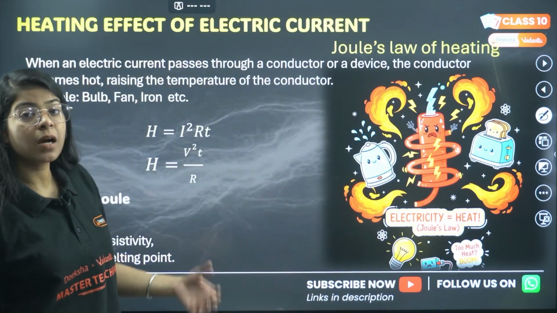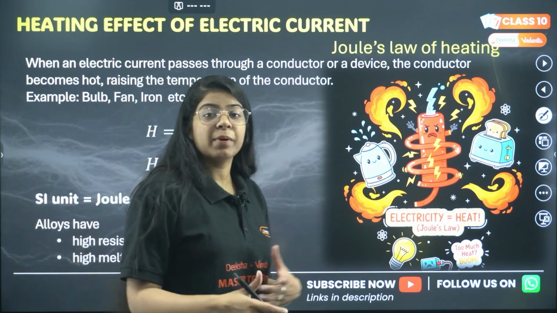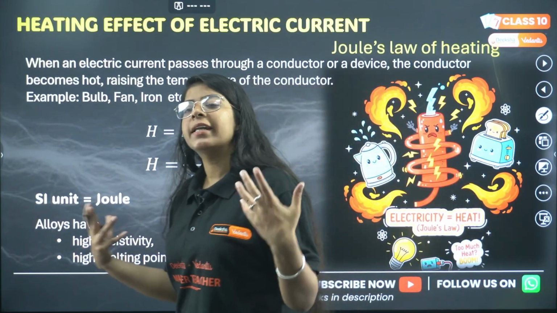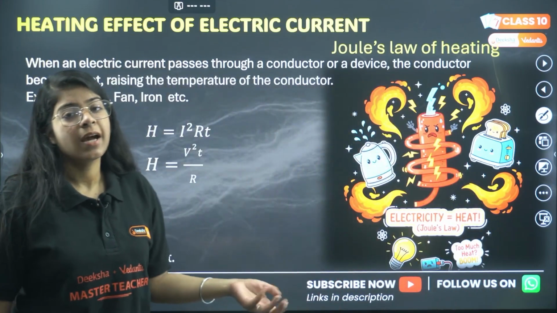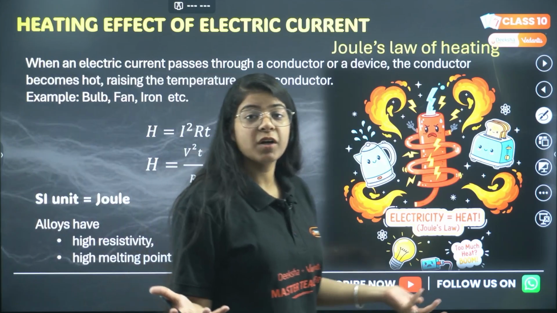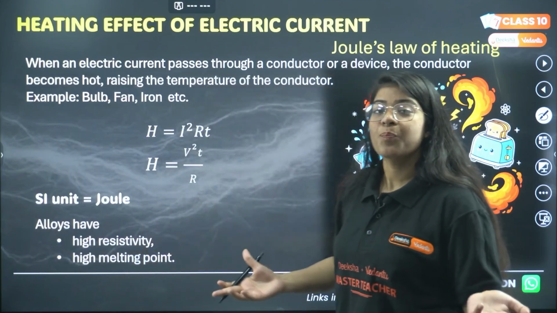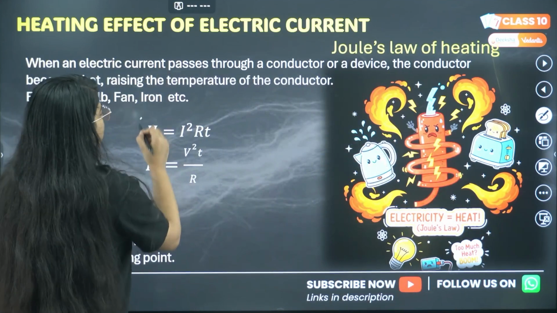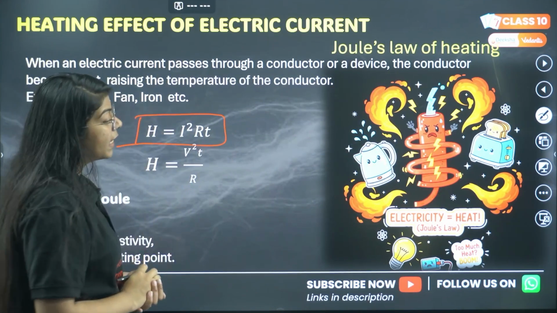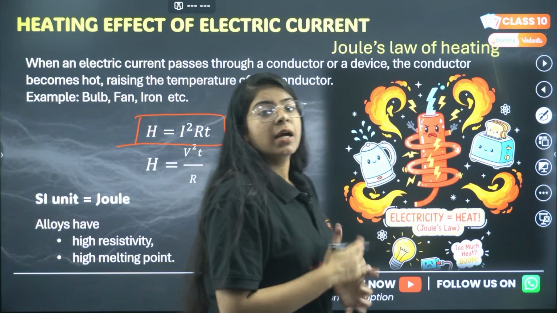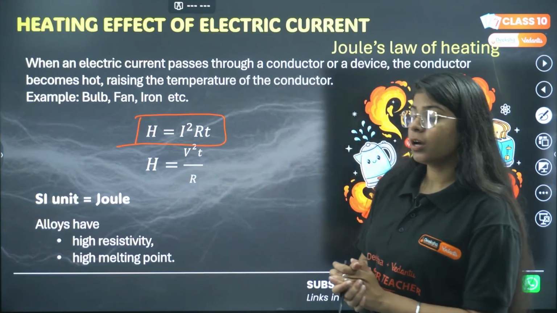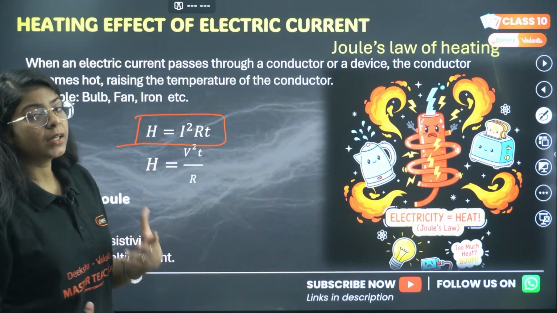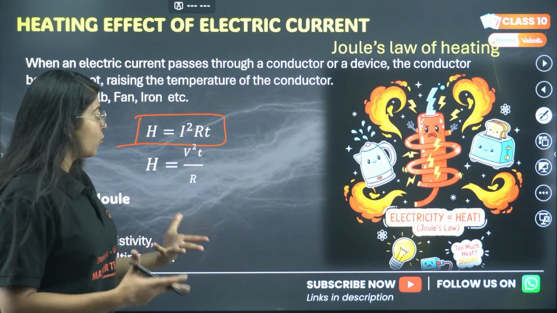That conductor becomes hot and the temperature of that conductor rises, and hence it is called heating effect of electric current, because heat is generated because a current was passed through the conductor or a device. Its formula is H equals I square RT, because it depends on current flowing through a conductor, the resistance of that conductor, and the time for which that current was passing.